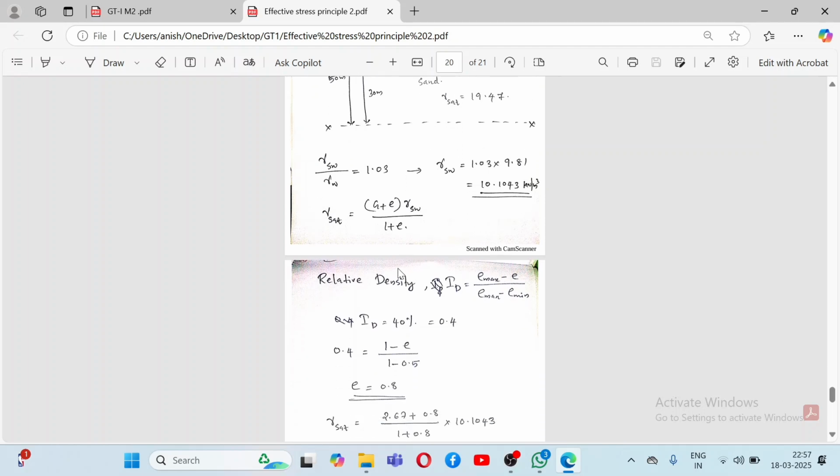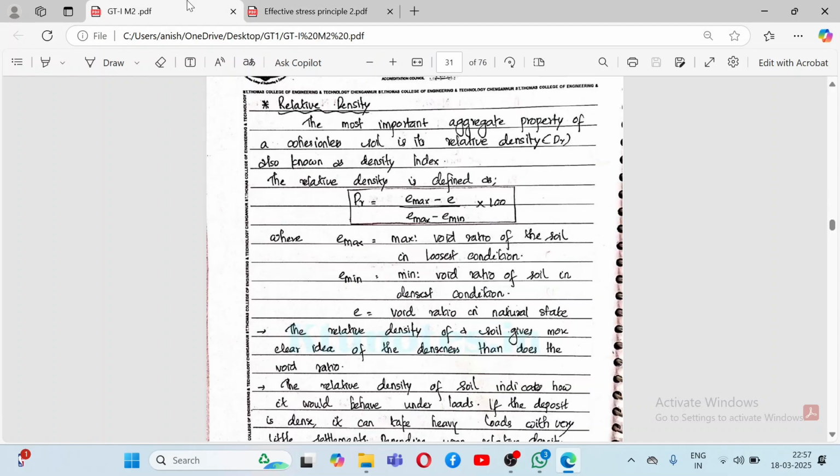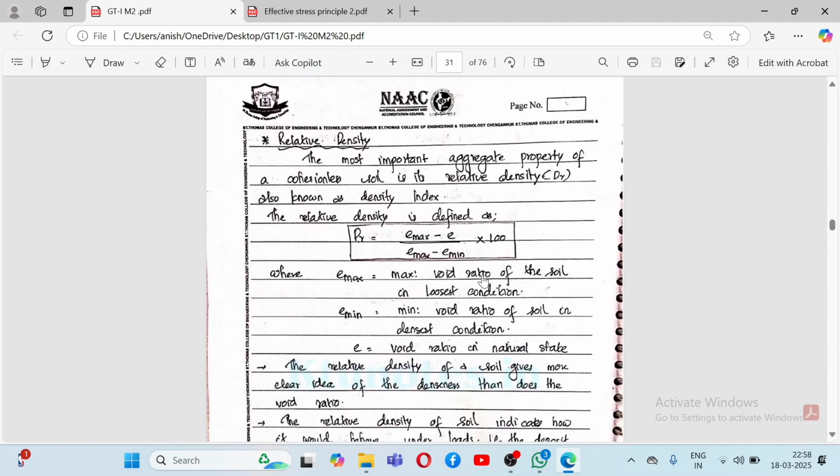So what is the relative density? ID is equal to e max minus e divided by e max minus e minimum. Relative density is shown in module 2. The most important aggregate property of a cohesionless soil is the relative density, and it is known as relative density index.